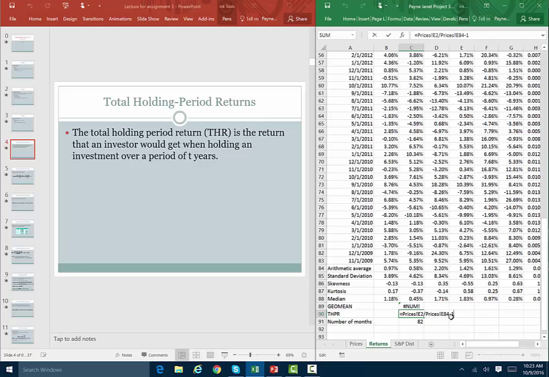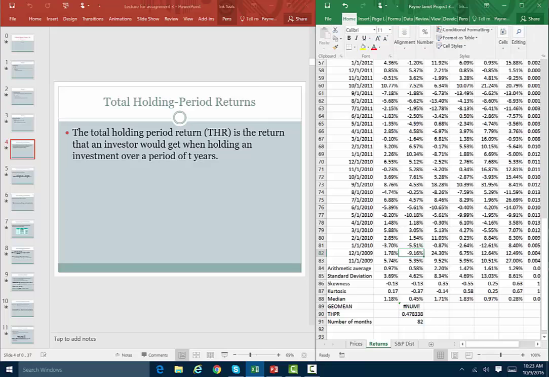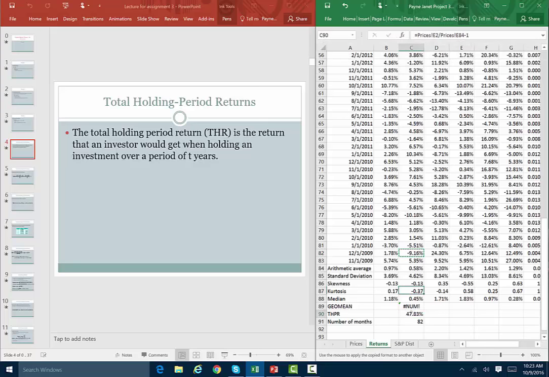So I'll show you that formula again. If I do that, then I'm going to get a total holding period return of 0.4783. So that's 47.83%. Let's put this in percent form. I'm going to use my format painter to put this in percent form so that you can see.